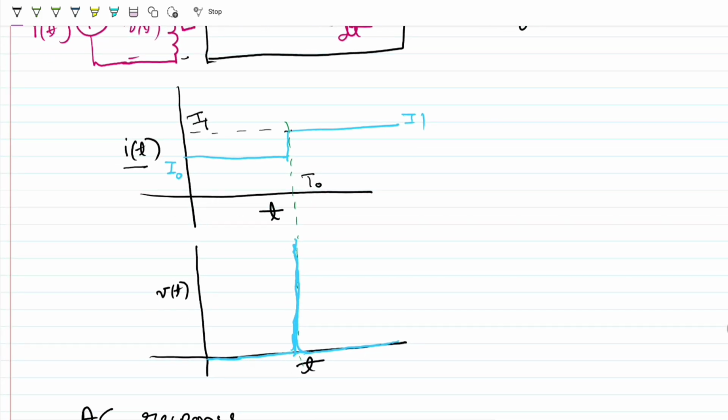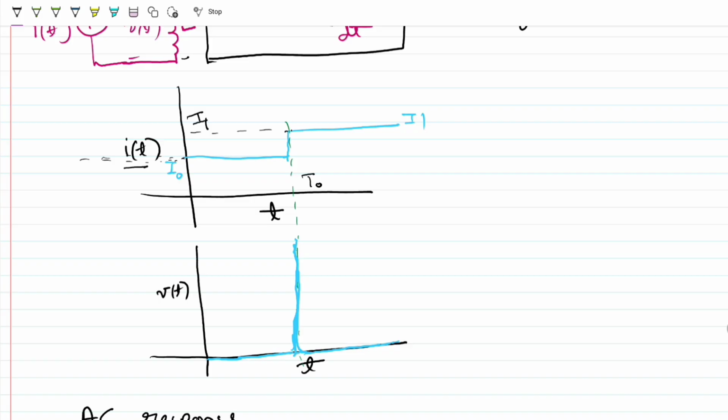So initially, if this current has been I naught for a long time, then there is no change of the current with respect to time, and the voltage remains 0 for a period till t naught.